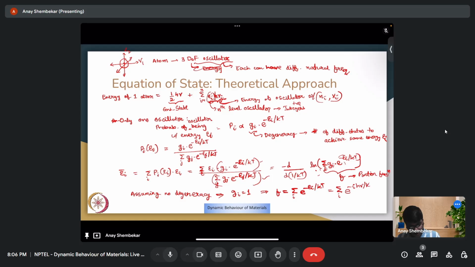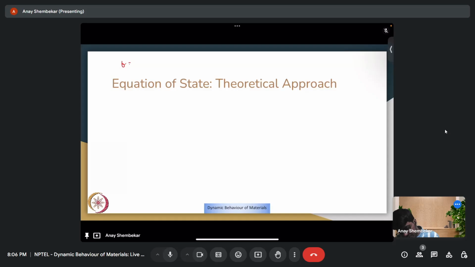So I am replacing epsilon i by n into h nu, and that gives me F equal to the summation over i of e raised to minus i h nu by kT, which is basically a geometric progression series, 1 upon 1 minus e raised to minus h nu by kT. So this is how the partition function would look for one single oscillator.